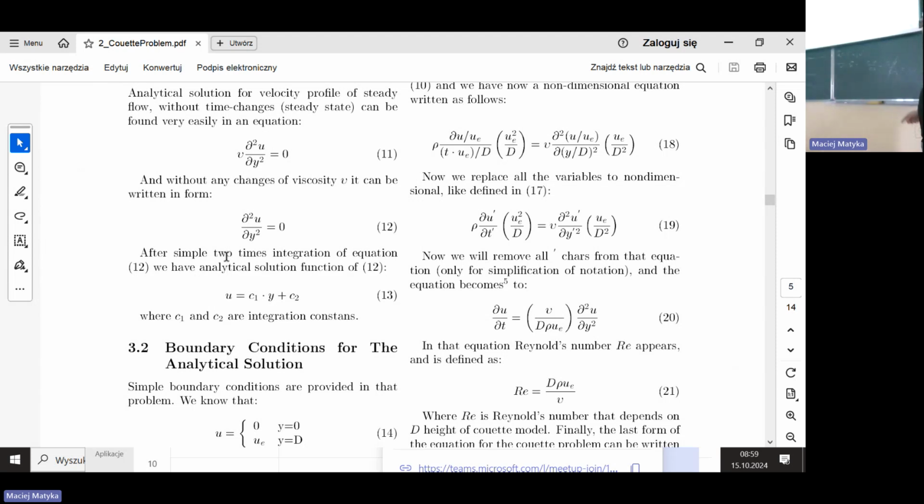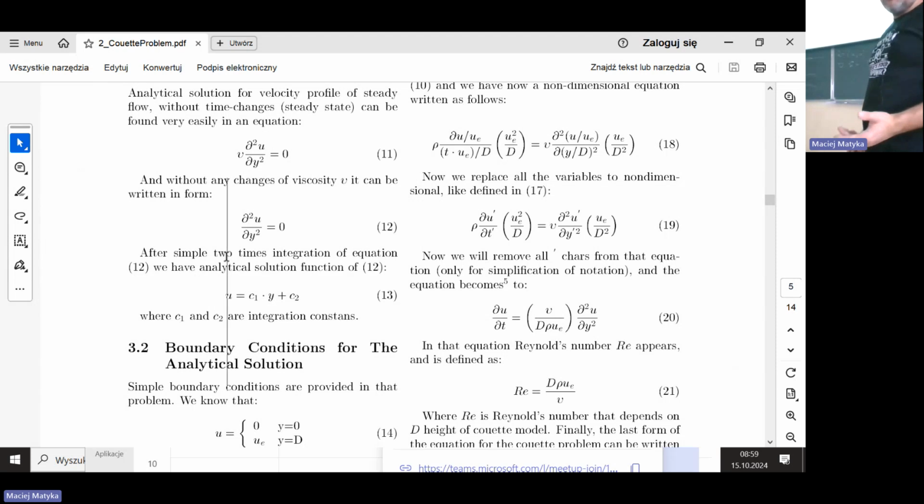In computational physics, people very often do this. And then you have those terms that are basically the non-dimensional numbers.